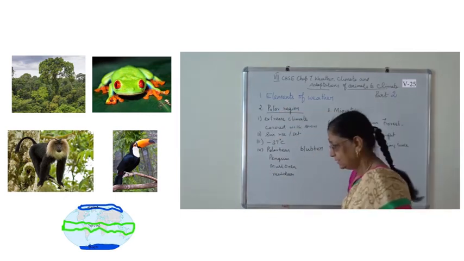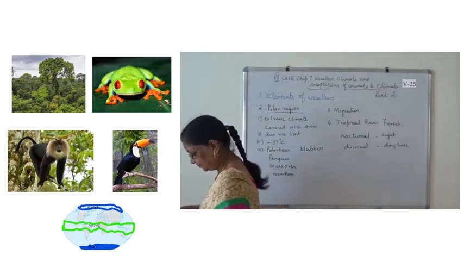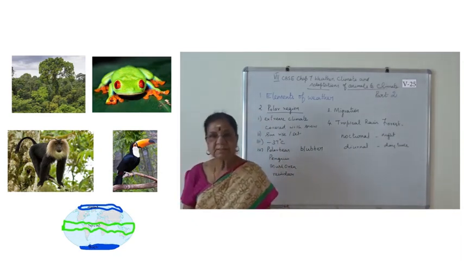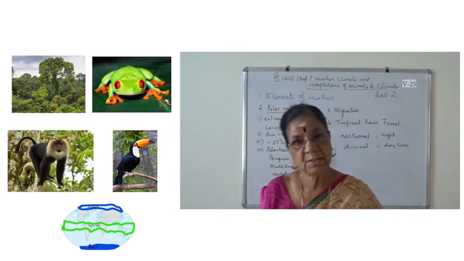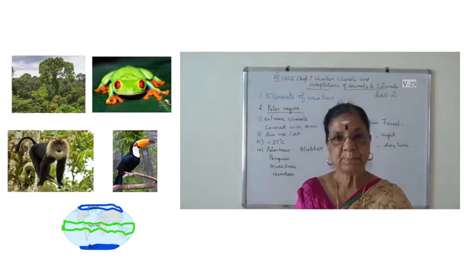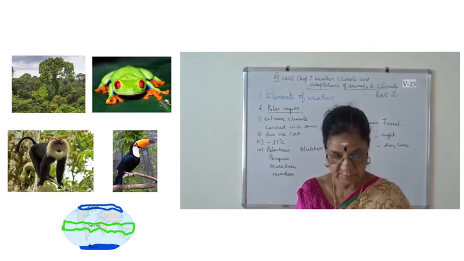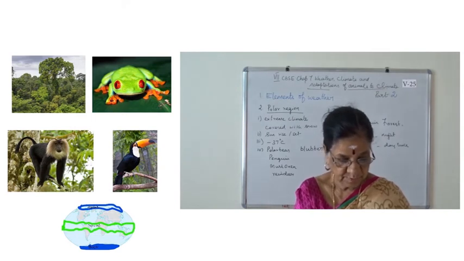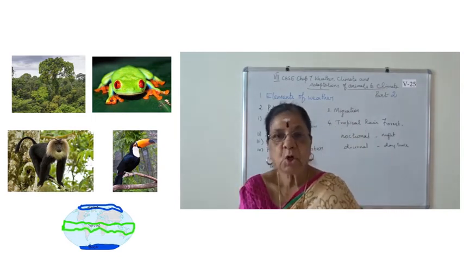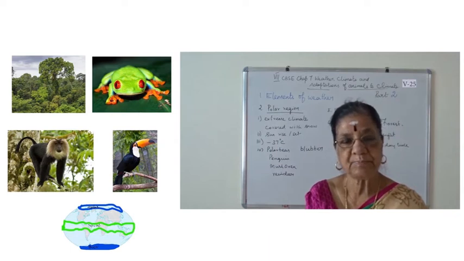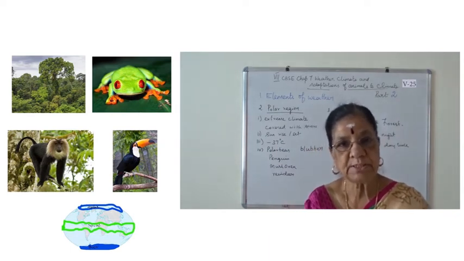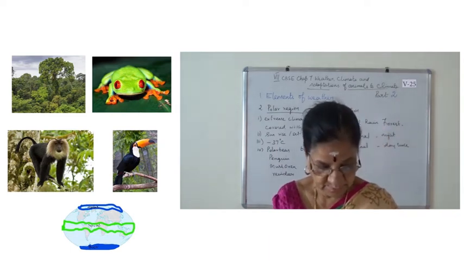The next one is the camel. We have already studied a lesson on the camel before, and it is the same here. Camels are found in hot and dry climates.